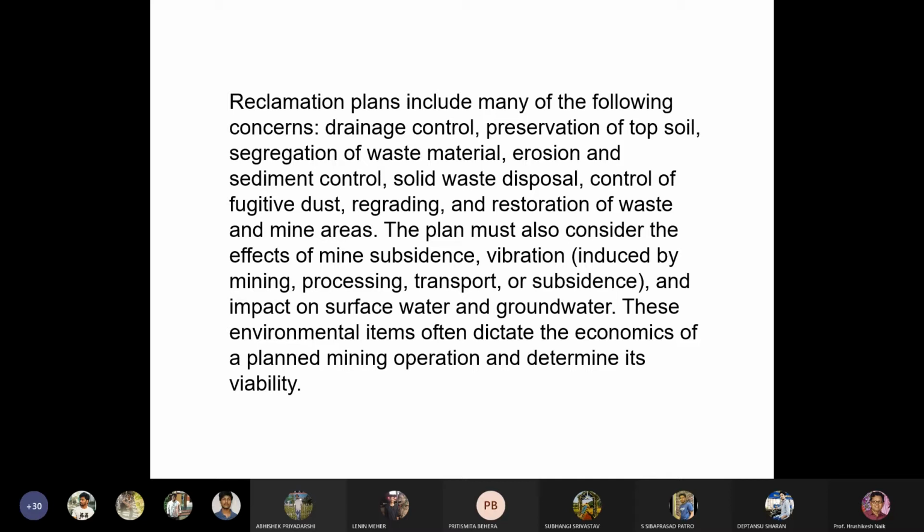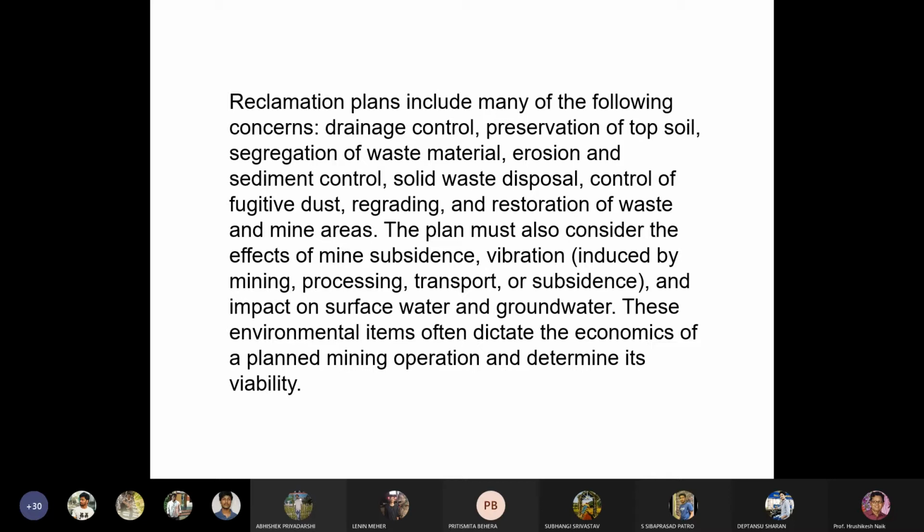You have to control the erosion and sediment, and look into solid waste disposal methods, control of fugitive dust, the dust which is generated in the mine, regrading of the land, and restoration of waste and mine areas.